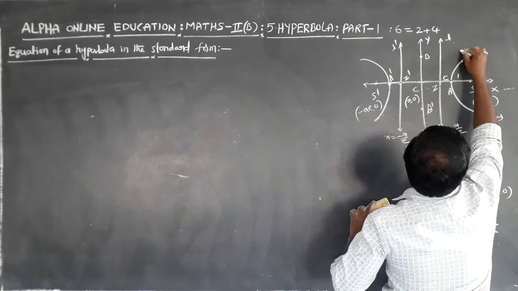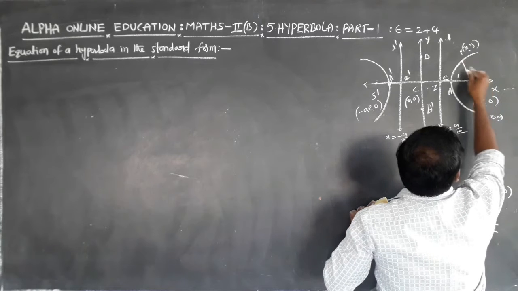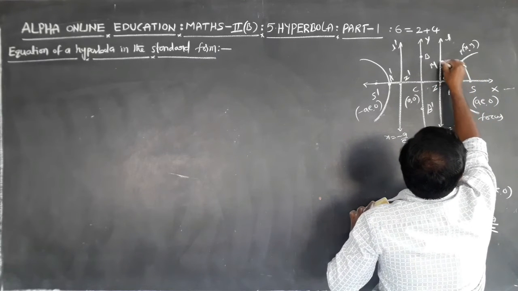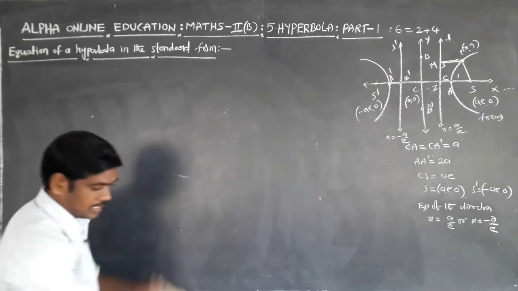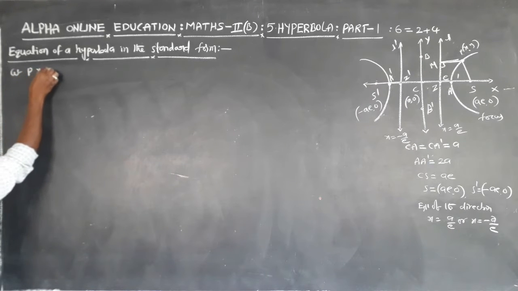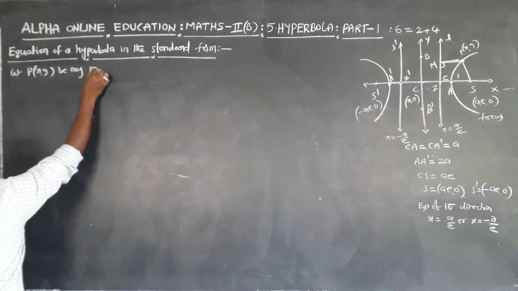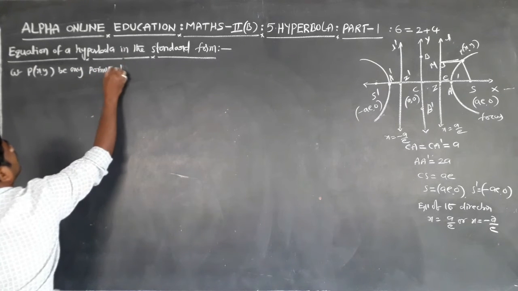Let P(x, y) be any point on the hyperbola and PM is the perpendicular distance from P to the directrix.